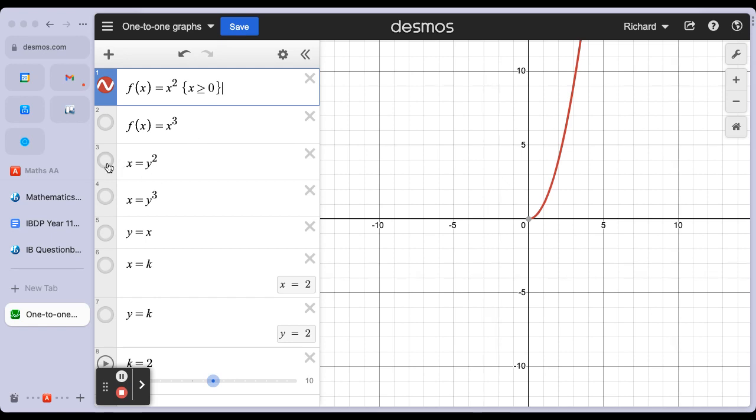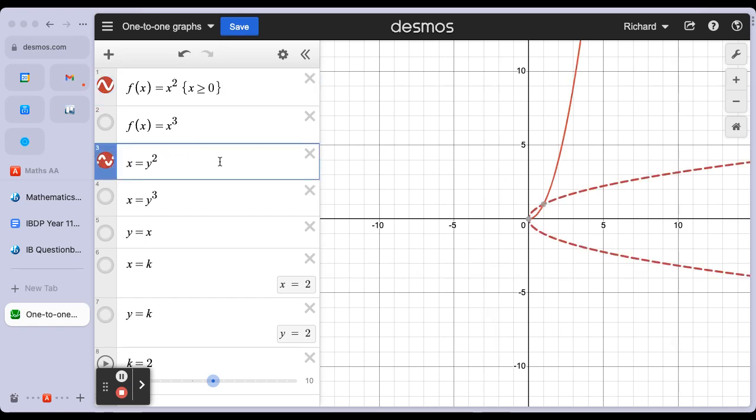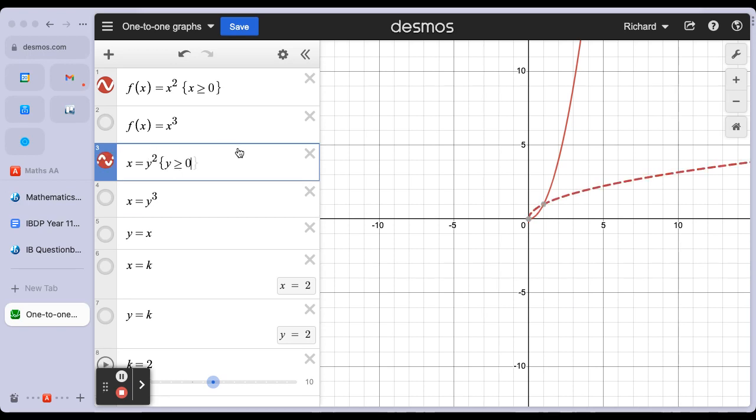And the inverse, and you can see what I've done now with my inverse. I literally just switched the y and the x coordinates by doing that. And the inverse function is now going to be all real x from 0 to infinity.